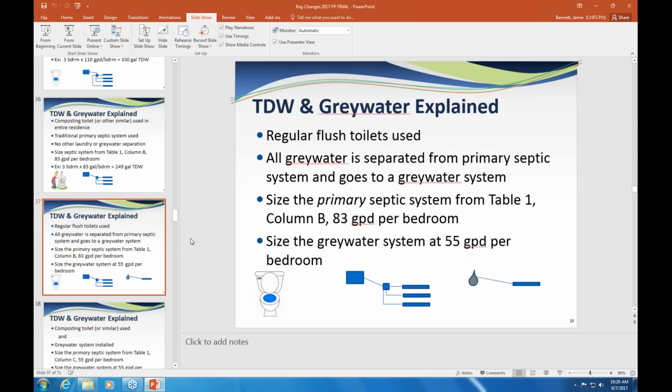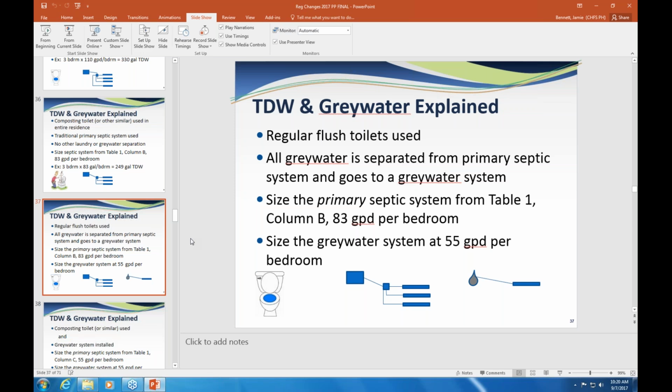The next example, regular flush toilets are used and all gray water is separated from the primary septic system and is going to go to a gray water system. In that case, you're going to size the primary septic system from Table 1, Column B at 83 gallons per day per bedroom.